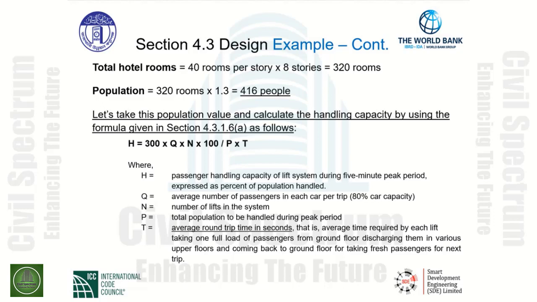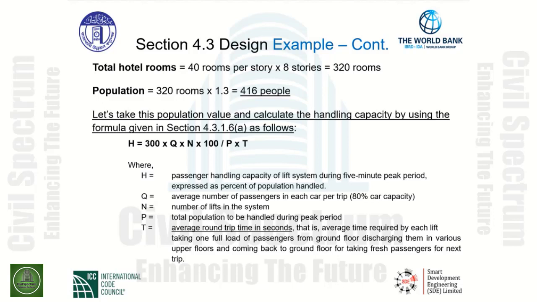Let's take this population value and calculate the handling capacity by using the formula given in section 4.3.1.6 item A as follows. Again, the formula is going to give us a solution in percentage for the 5-minute peak capacity.